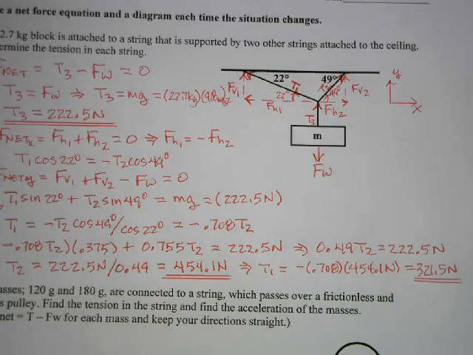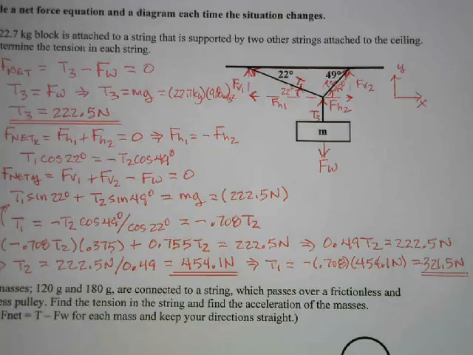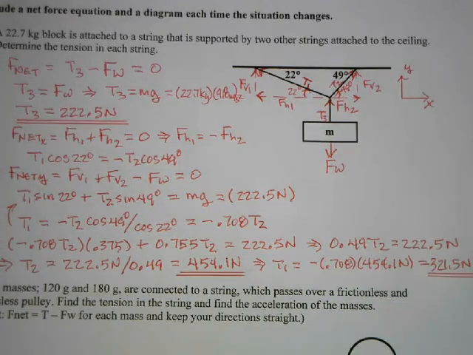And so we have found the tension in each string. And really, it all comes back to the net forces, either horizontally or vertically, having to add up to 0 because nothing's moving.